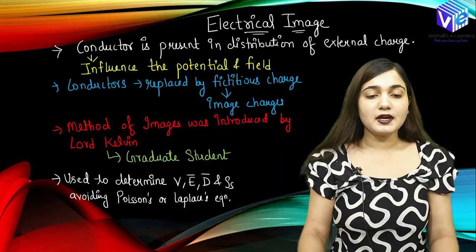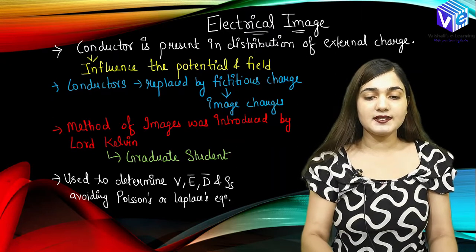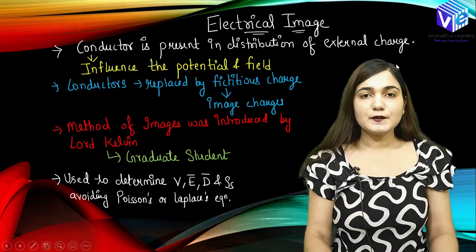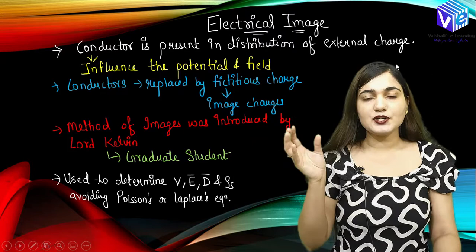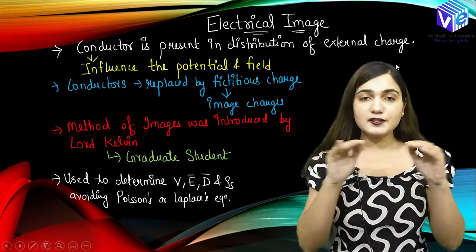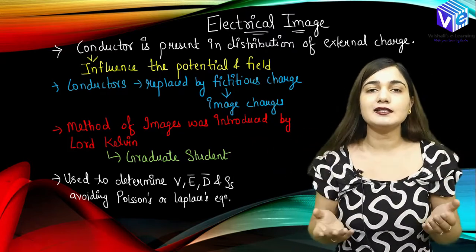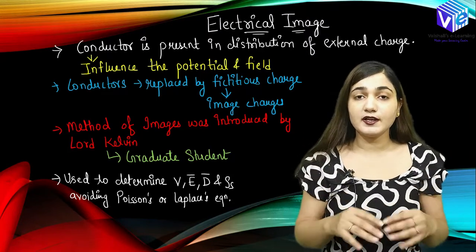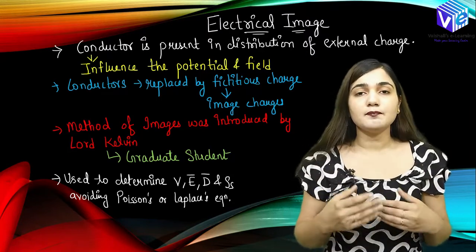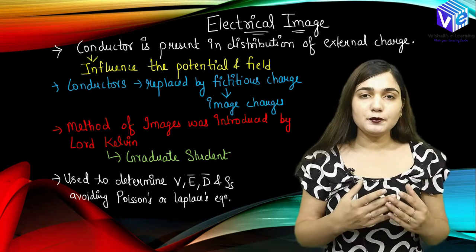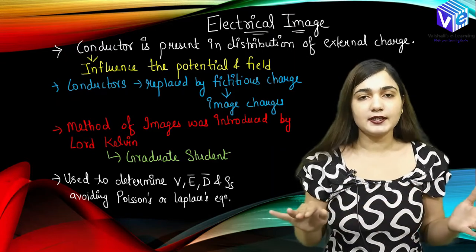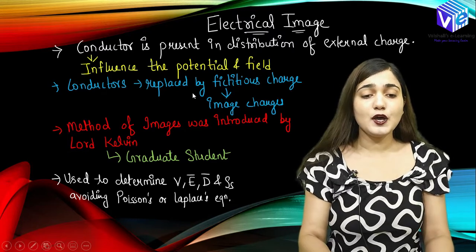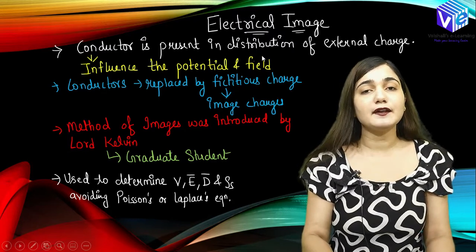So if I have a conductor present in the distribution of external charge, a point charge, or even a line charge density, hollow sphere, solid sphere, anything nearby to the conducting plane, we will be having some influence on the potential and the field.